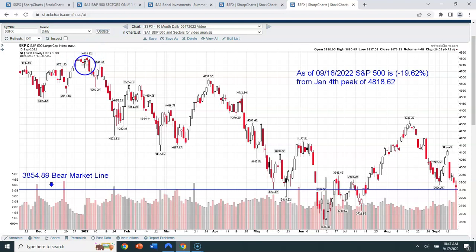And we had that intraday reversal, sold off, and that really started this downturn. And the lowest point of this downturn is at 36.86.87, which we hit on June 17th, intraday. So we had an intraday reversal at the top, and we've had an intraday reversal so far at the bottom. We had that counter trend rally that we've already talked about, took us up to just over 43.25, and then we've been falling since.